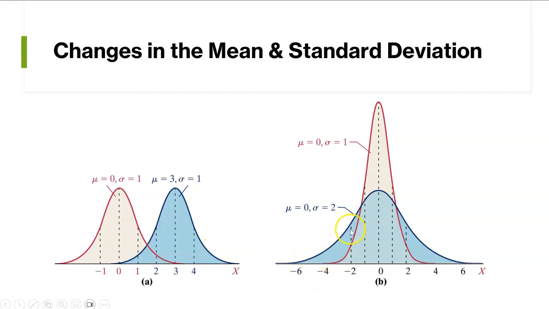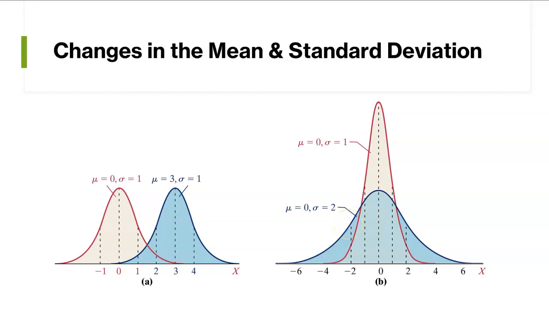Now in this example, we have this blue curve that has a mean of 0 and a standard deviation of 2, and this red curve which has a mean of 0 and a standard deviation of 1. In both graphs, the mean is the same. That's the line that goes straight down the middle of the graph, but the standard deviation is different. Notice that the standard deviation can change the shape of the graph. This high graph has a standard deviation of 1. This low graph has a standard deviation of 2.